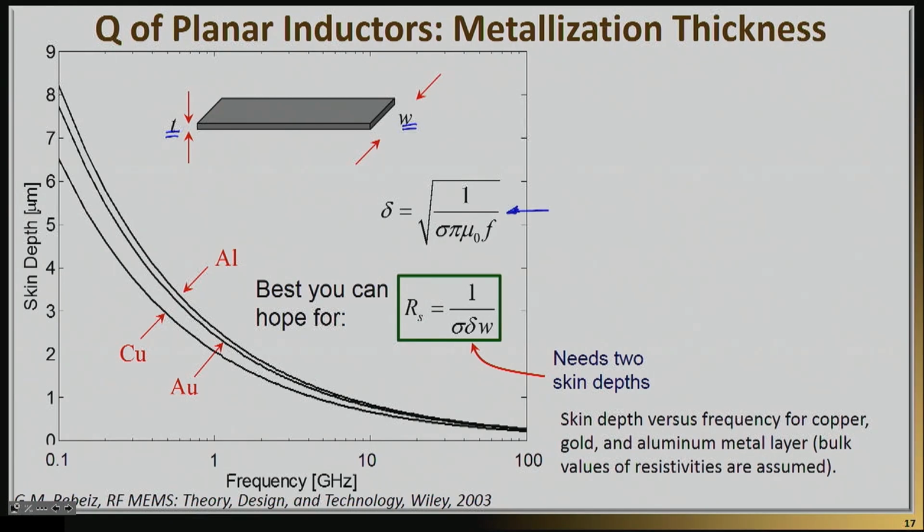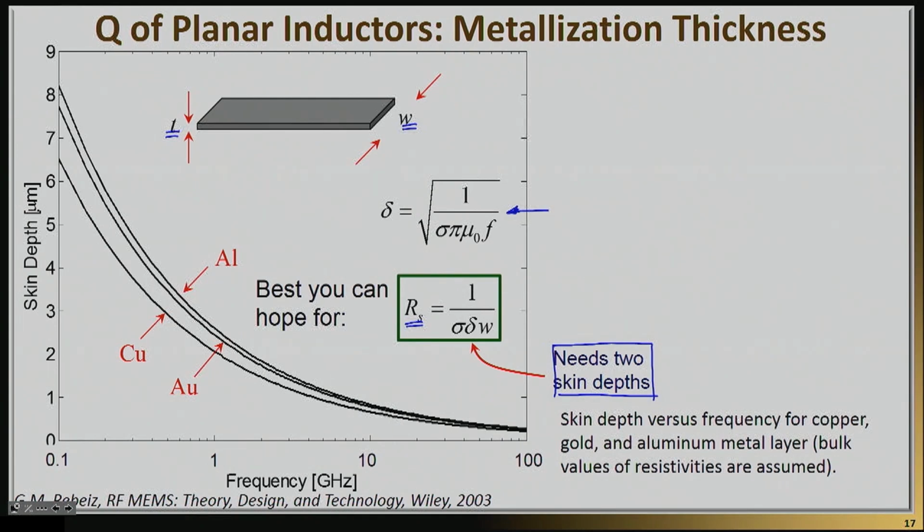It turns out that if you run very accurate electromagnetic simulations where they literally mesh the metal itself and calculate the current density in the metal, you will find out that this R_S, the resistance per unit length given by this equation, is actually the best you can ever hope to get. So this is the minimum resistance per unit length that you can hope to get from a design, and to get this, you actually need to make your inductor at least 2 skin depths thick.